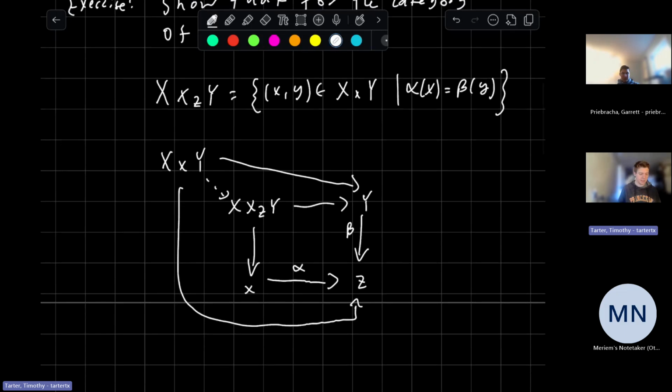I think that this is what they're asking us to show, is that X product Y factors through the fibered product.